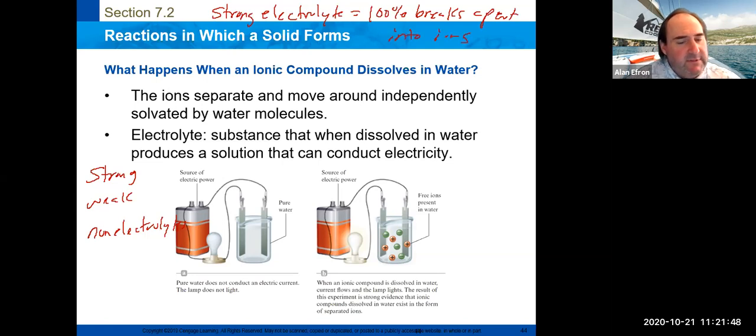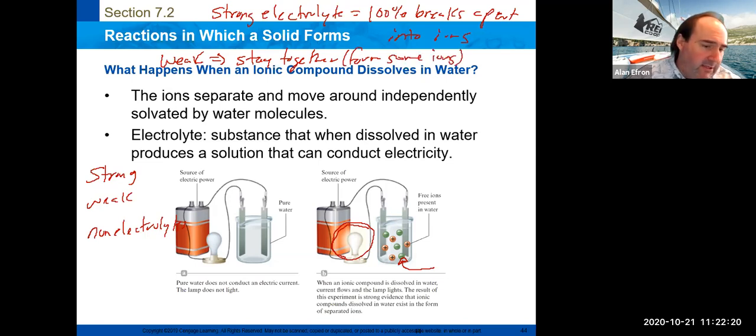So when you have a solution that's a strong electrolyte, it will produce a lot of ions really quickly. And as we can see here, with the presence of those ions, if we take a light bulb hooked up with some electrodes, for example, the light bulb will shine very brightly because it's going to be able to conduct electricity really well. A weak electrolyte, as we will see, will essentially stay together, but will form some ions. So some ions will get formed in a weak electrolyte.